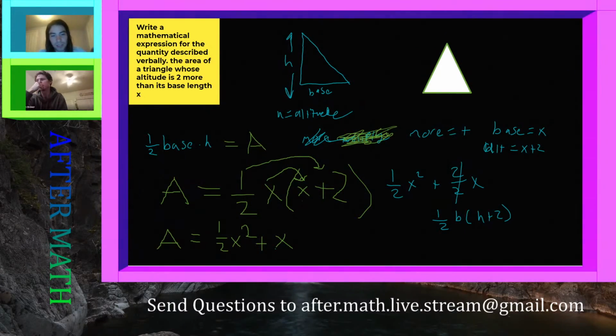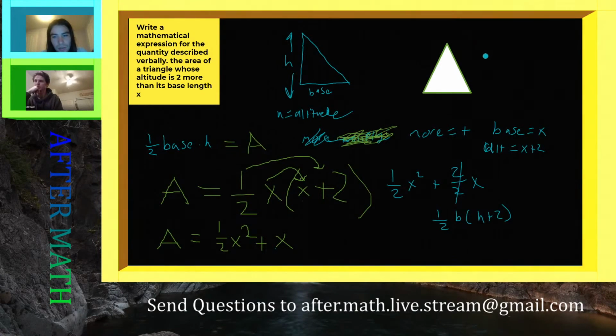So the question states, I'm going to go up here by this triangle. It says the area of the triangle whose altitude, so h is going to equal alt, for altitude. H is the height.